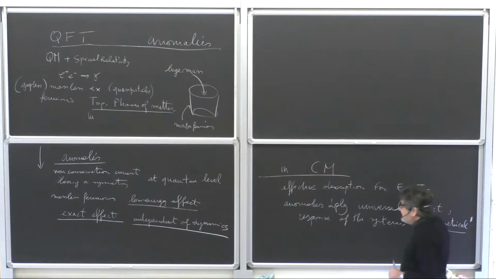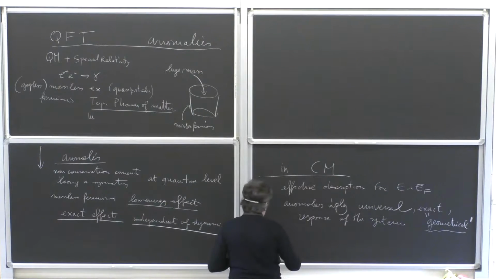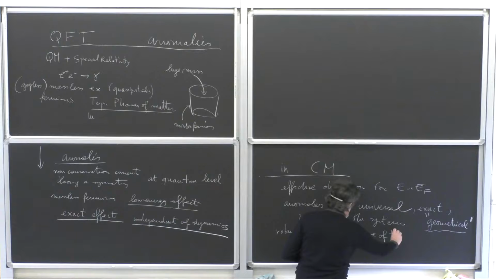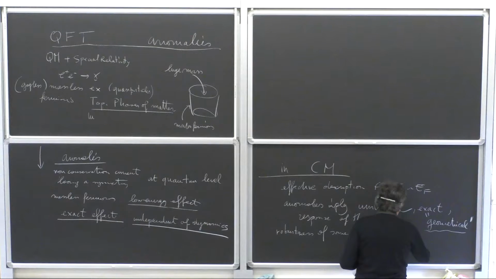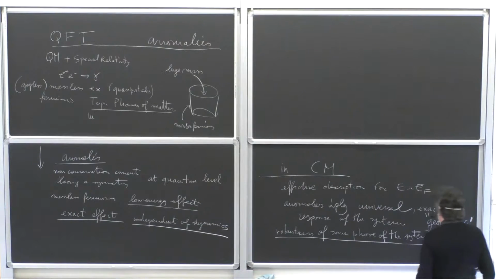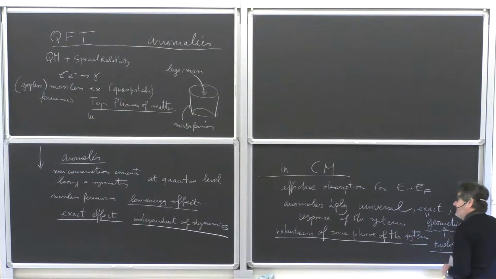And so because it's universal, it can be used to describe robustness of some phase of the system. Okay? Another word which we use is topology, topological. What does it mean, topological?